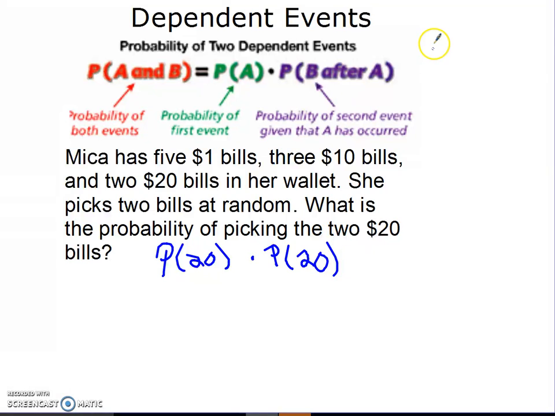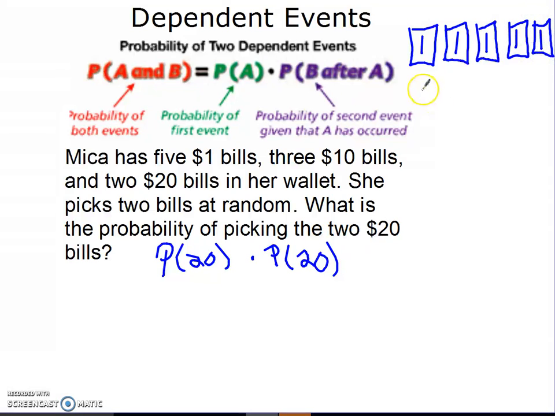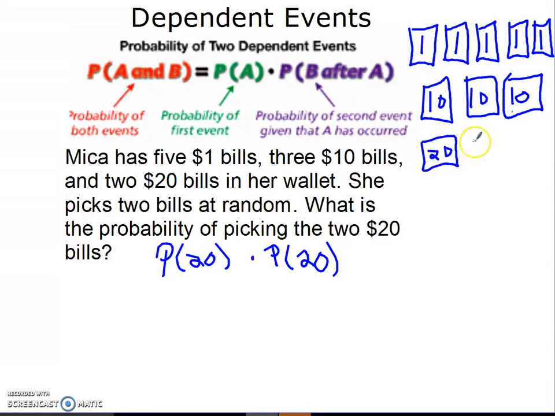Okay, so if you need to draw a picture of this to visualize it, you have 5 $1 bills. That looks like this. You have 3 $10 bills. That looks like this, and 2 $20 bills.